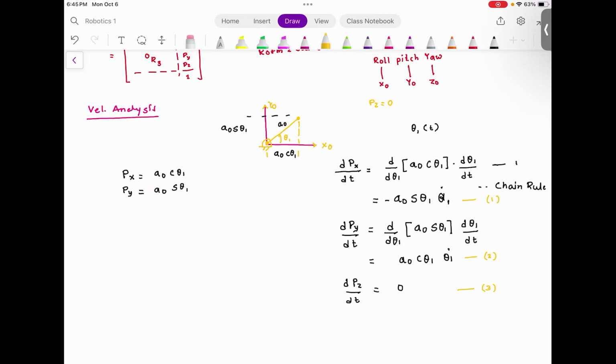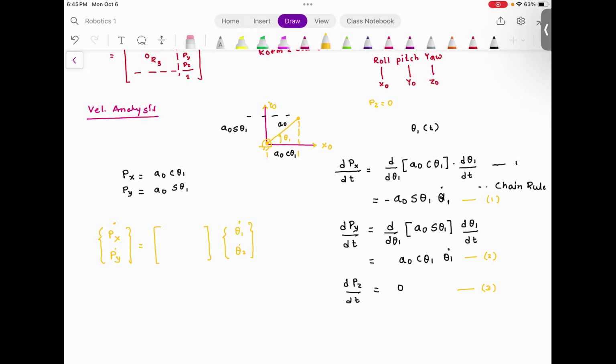So the way I want to write this is Px dot, Py dot equals a matrix multiplied by theta 1 dot.